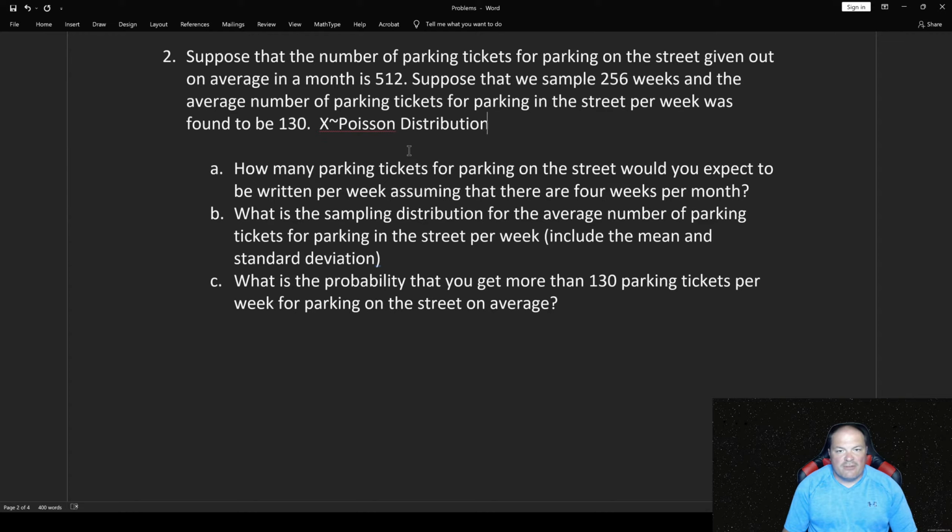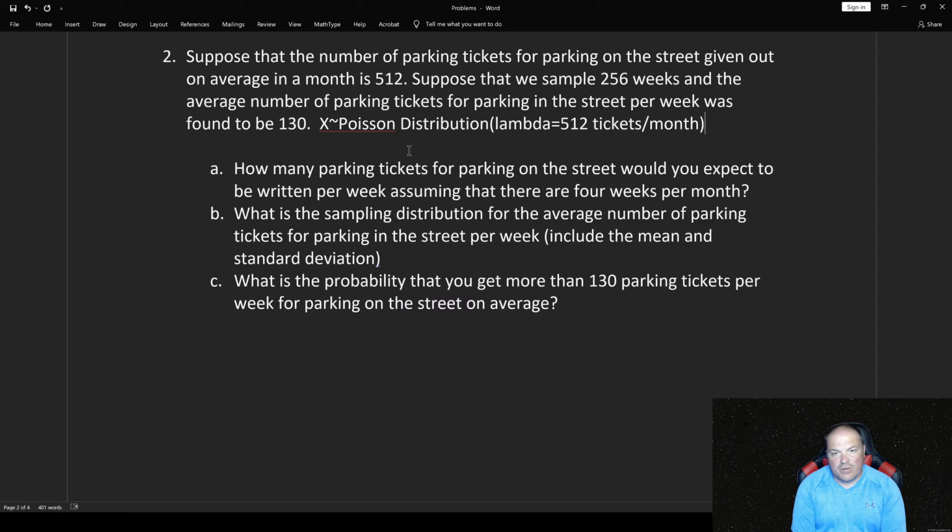Now, we also know that for a Poisson distribution, we have one parameter. That parameter is lambda. And in this case, lambda equals 512 tickets per month. Now, that's solely when you're dealing with X, just to give us what we call the underlying distribution.